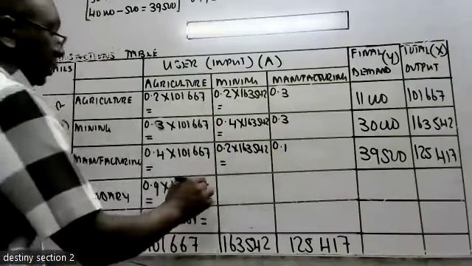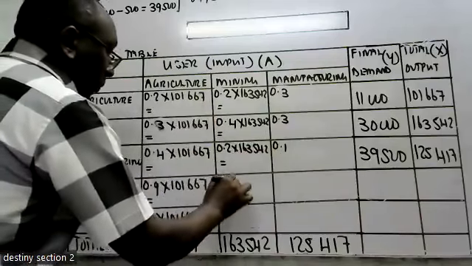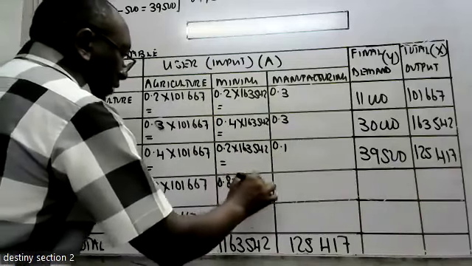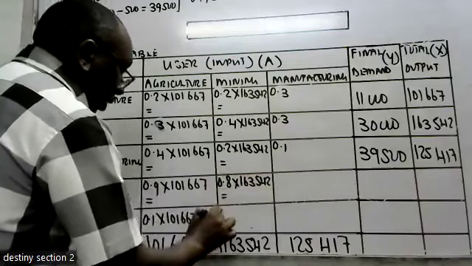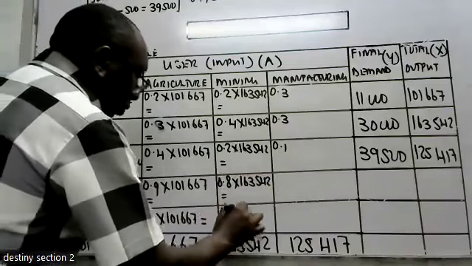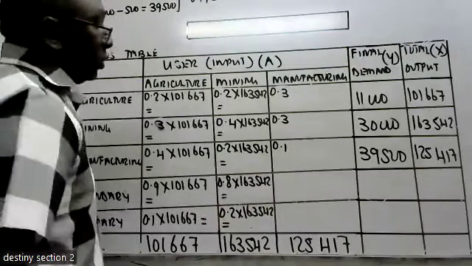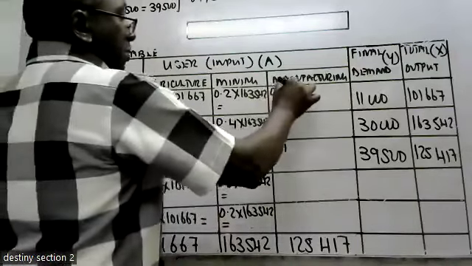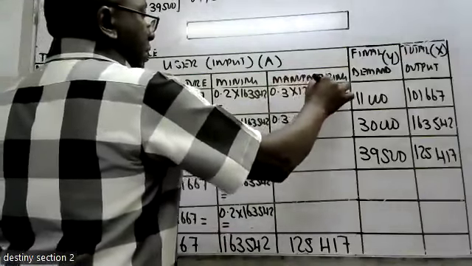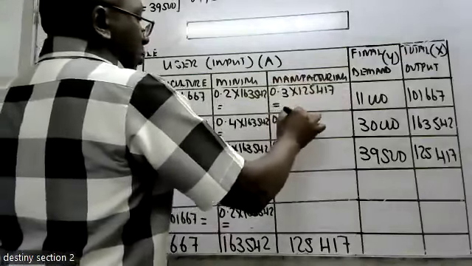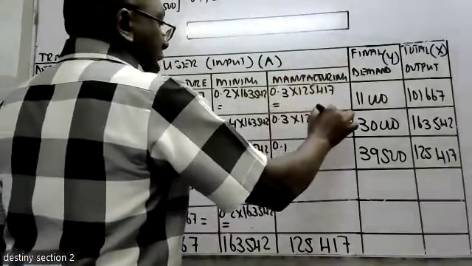Then when I add, this is 0.8, I multiply by 163,542, and this is 0.2 multiplied by 163,542. Then here you multiply by 125,417.